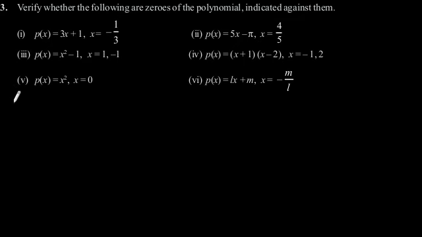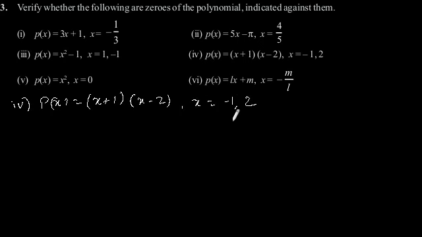Fourth, p(x) is equal to (x plus 1) into (x minus 2). x is equal to minus 1 and 2. Again in this case also, if x is equal to minus 1 and 2 are zeros of the given polynomial, that is (x plus 1) into (x minus 2), then p(minus 1) and p(2) must be equal to 0.